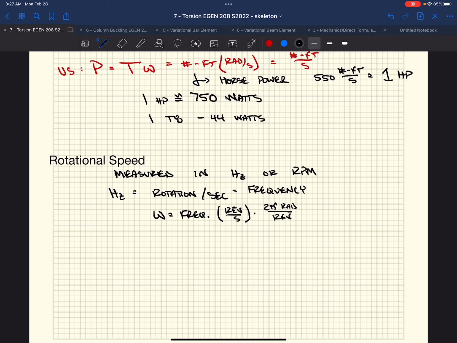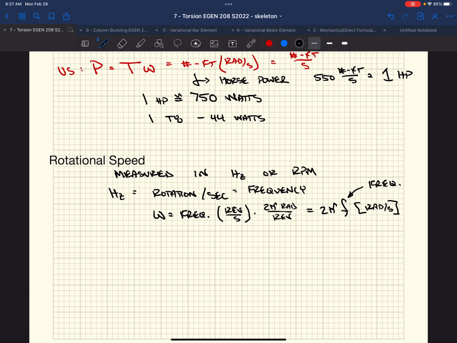We need to get it to radians per second. So we do 2 pi radians is 1 revolution, right? So 2 pi times the frequency is radians per second, where this is our frequency.